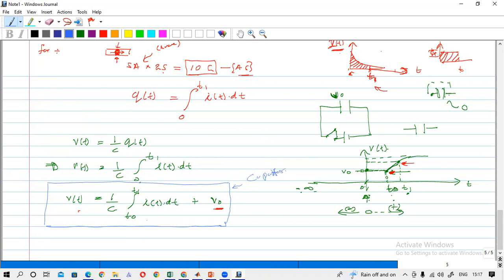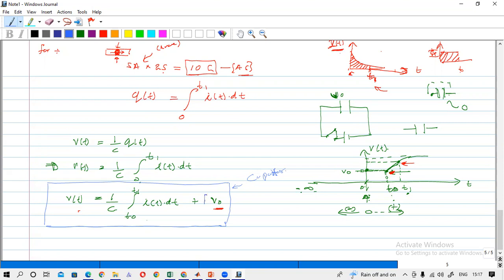I explained how we can come to this point, but this one is the most important one. So you can use this equation to characterize a capacitor. Is that okay? If you have any problem, please ask.